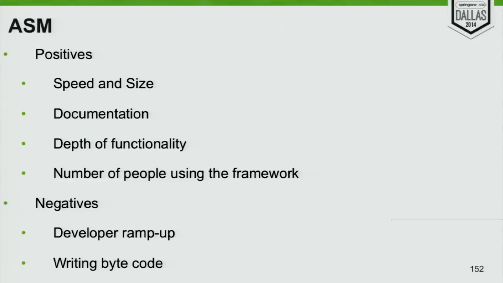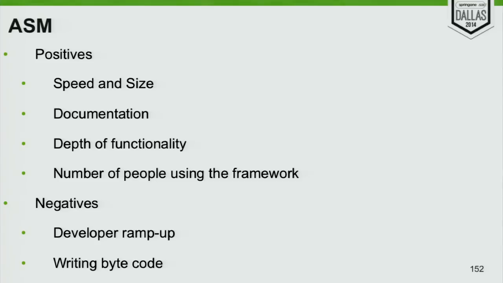So that's all you need for ASM. The general positives for it are it has a small footprint, memory footprint, and it's typically pretty quick. There's very good documentation out there. I haven't seen new documentation for the 5.x version, but there's a lot of documentation on the 4.x, which supports Java 1.7.